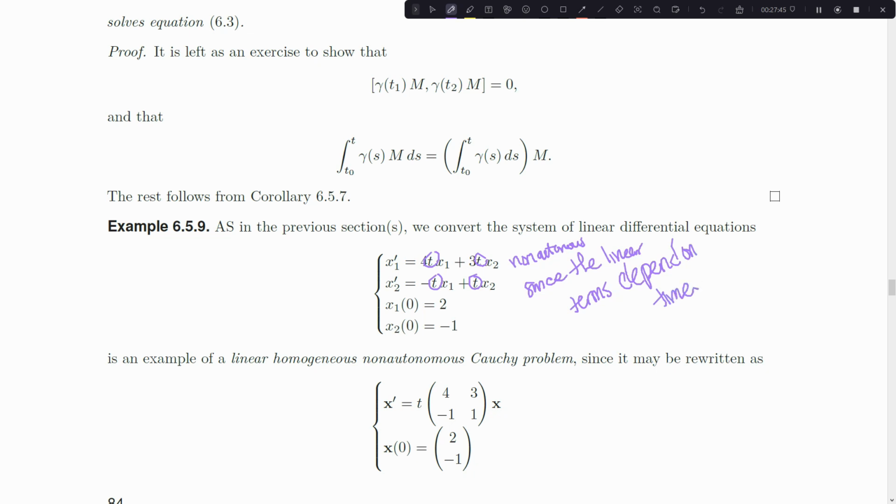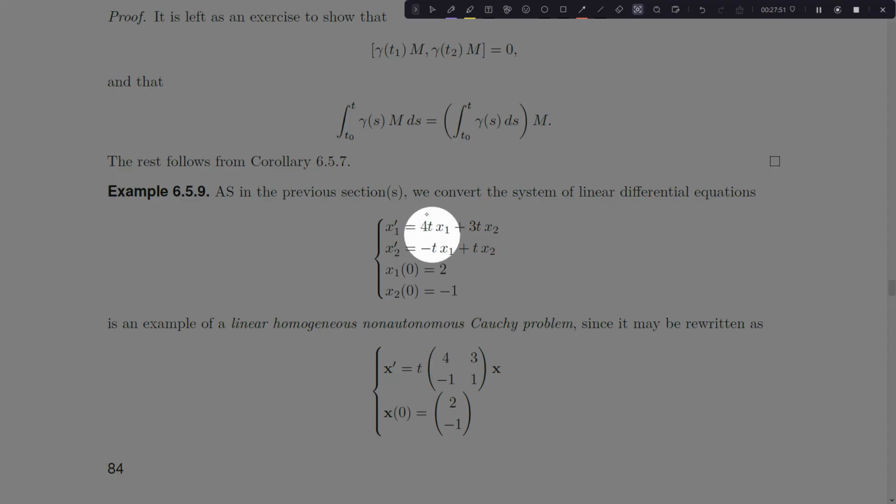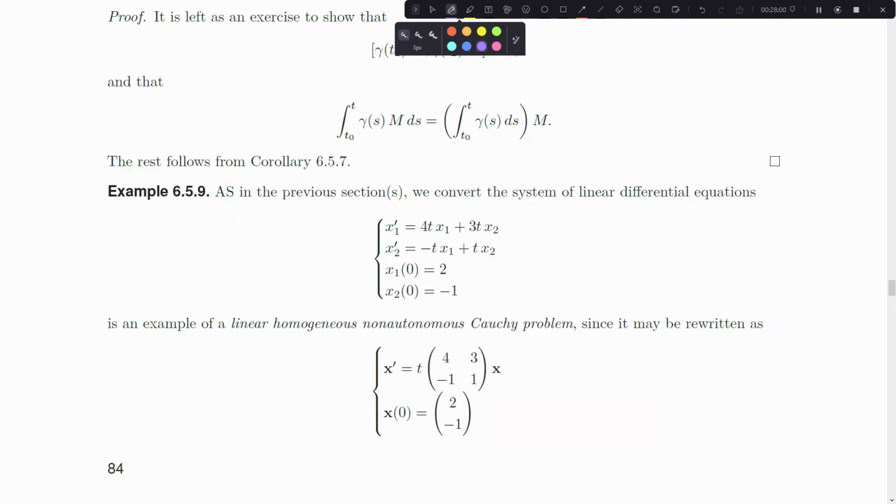So I've modified it by multiplying all of them by t, but the nice thing is, because I multiplied all of them by t, basically, rather than representing my matrix as 4t, 3t, negative t, and t, I represent my matrix as 4, 3, negative 1, and 1, and I factor out a t.